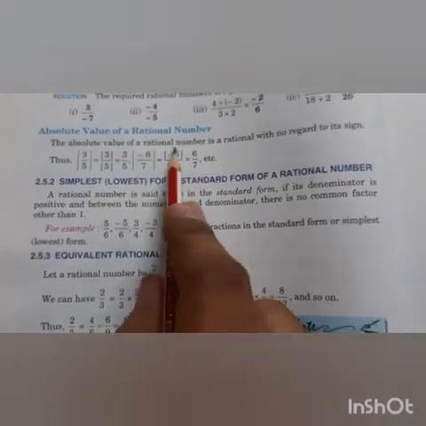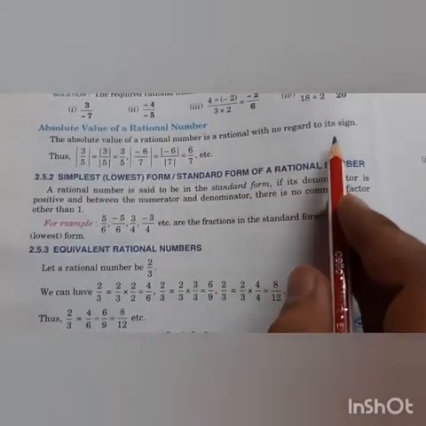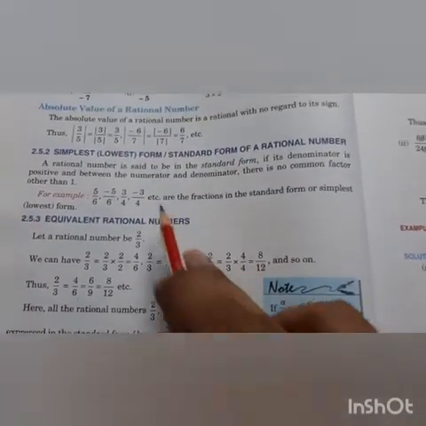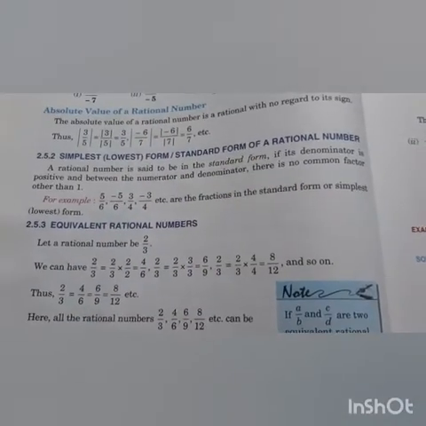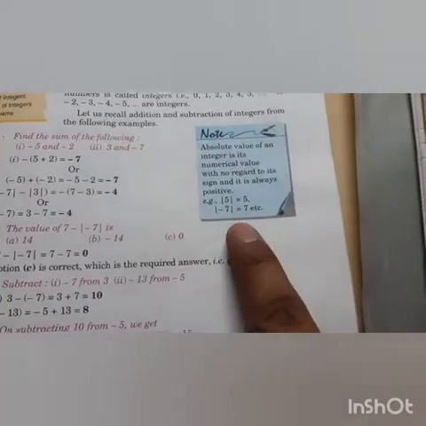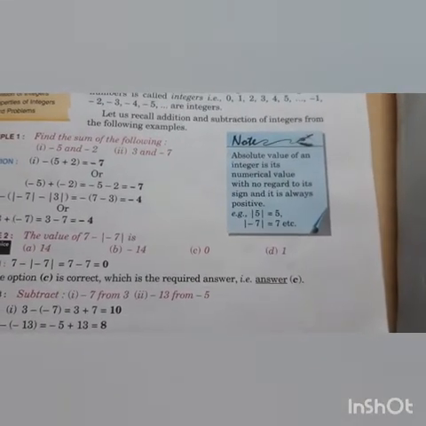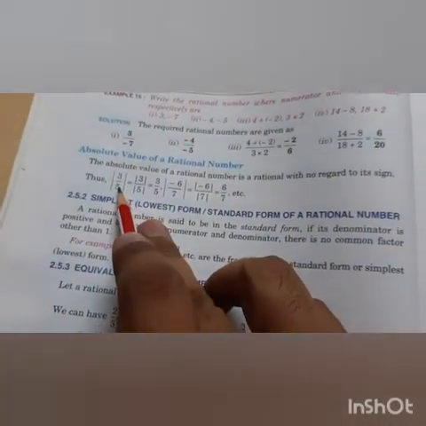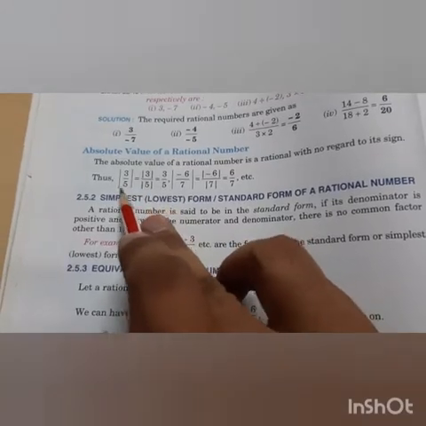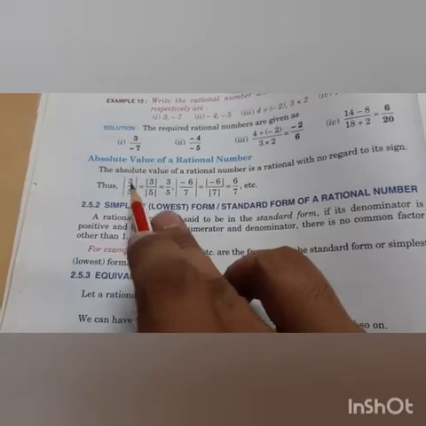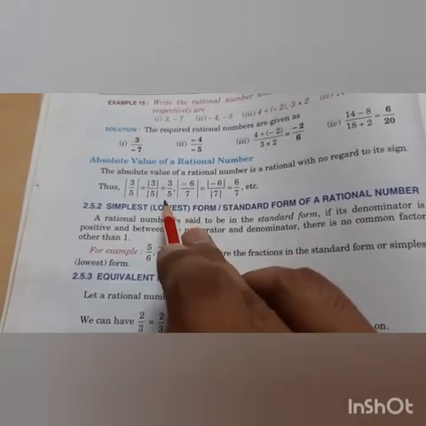Now absolute value of a rational number. The absolute value of a rational number is a rational number with no regard to its sign. If you remember, when I was explaining in the very beginning of the chapter, chapter number 1, I already explained what is absolute value. It is a numerical value which is irrespective of its sign. That means any number, if it is written in this form, this is known as absolute value, or mod. Whenever it comes out of it, its value is always positive.